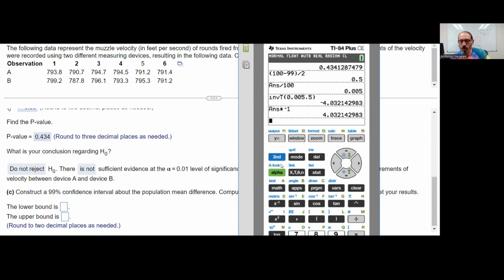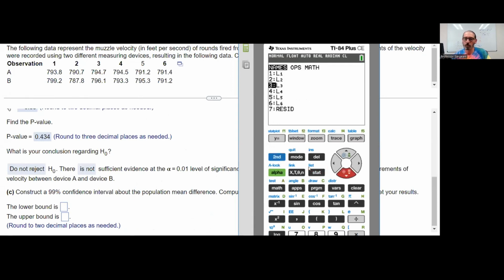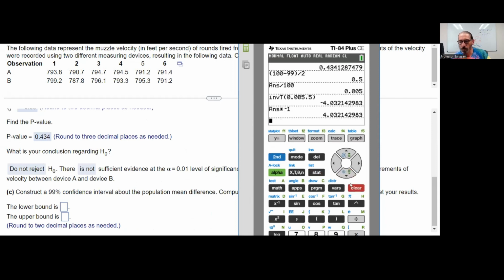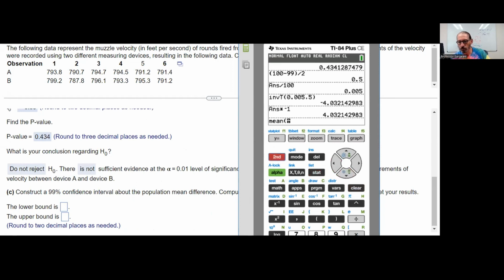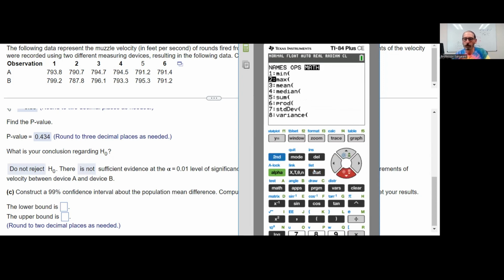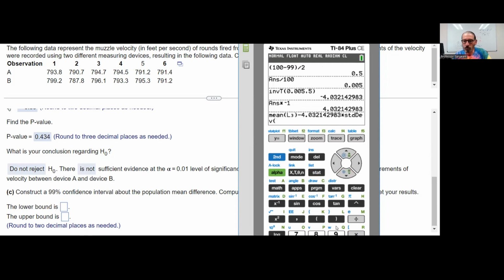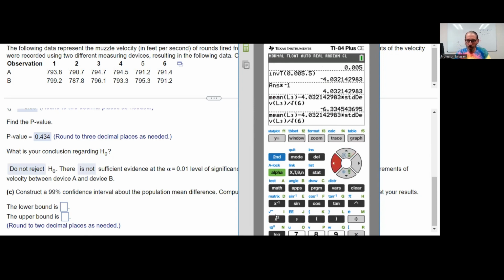And so mean of list 3, darn it, mean of list 3 minus my margin of error, which is that critical value, times standard deviation from list 3, divided by the square root of the sample size. And switching that to addition to get our upper bound.